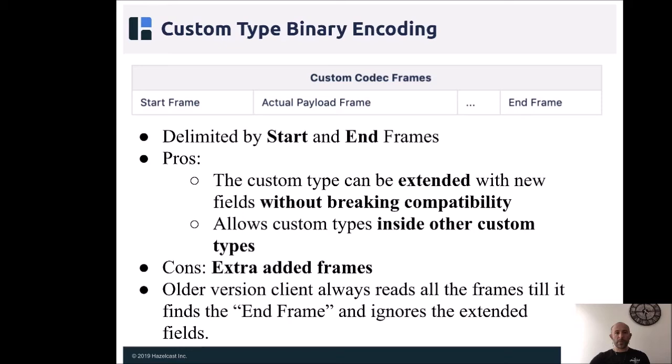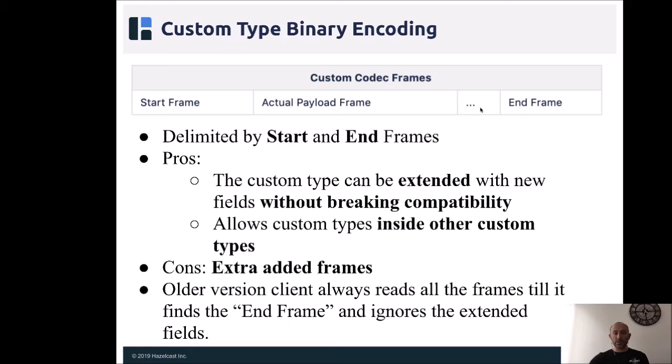Now, for the custom types, we indicate their start and end by delimiter frames, which are just 6-byte frames, which only have a length and flag field set, and the frames in between represent the actual fields of the custom type. So this way we can always add a new frame before the end frame, but we always add it at the end, so that a new field can be added.